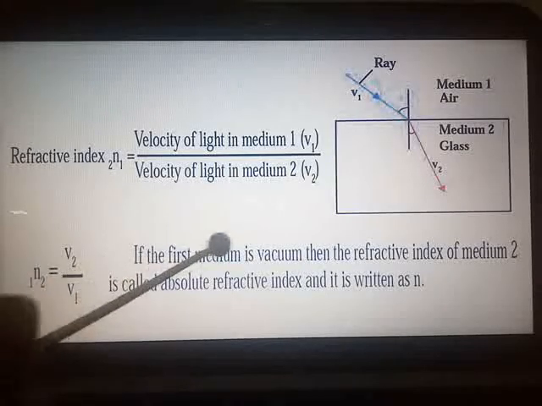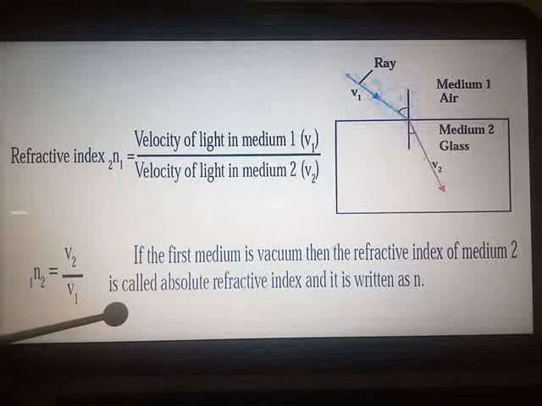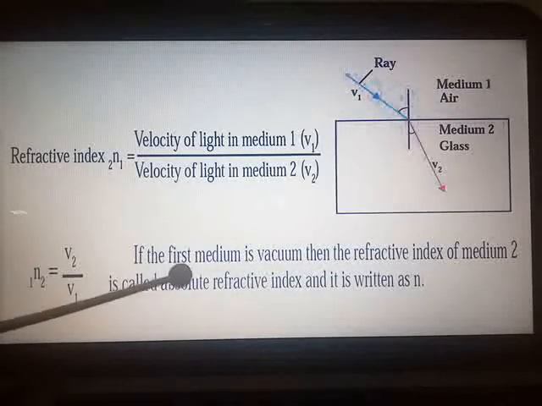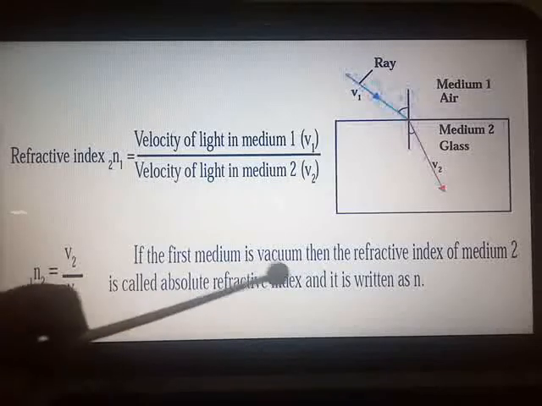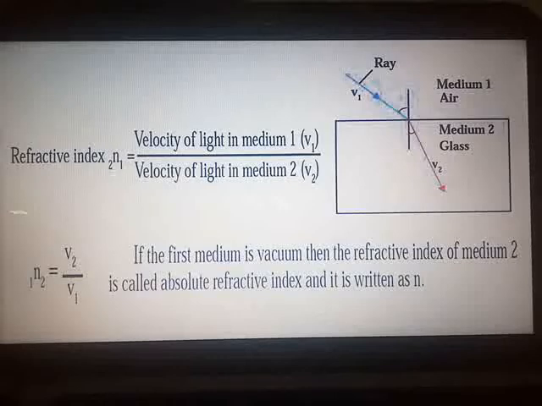If the first medium is vacuum, then the refractive index of the second medium is called the absolute refractive index and it is written just as small n. So this formula is important. Both these formulae are important. They should be learnt by you as they are useful ahead for mathematical calculations when you solve the numerical examples for this chapter.